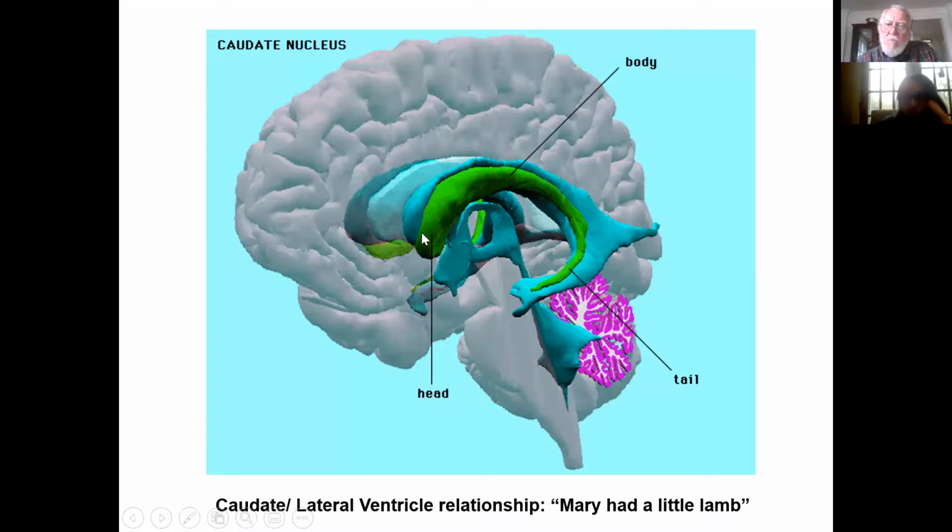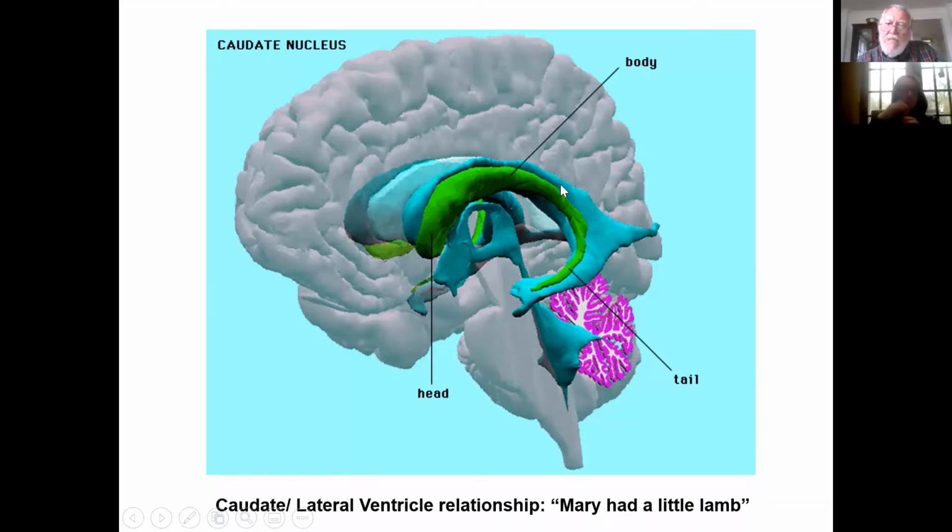And if we look at the caudate nucleus, it has a tadpole type of shape, so that the head, the thickest and largest part of the caudate nucleus, can be found on the lateral surface of the anterior horn of the lateral ventricle.